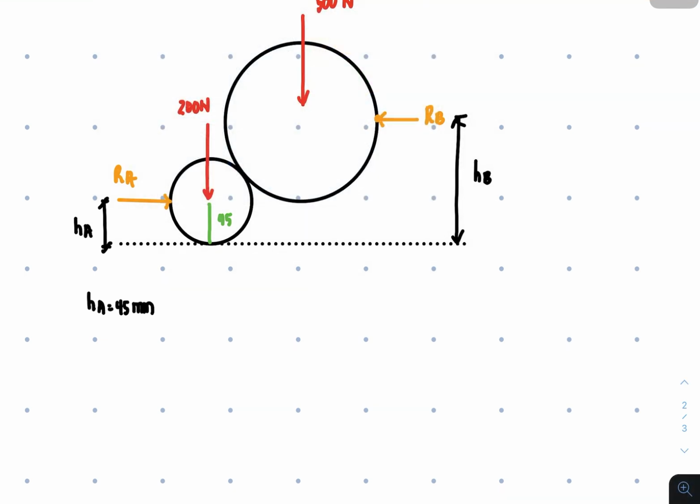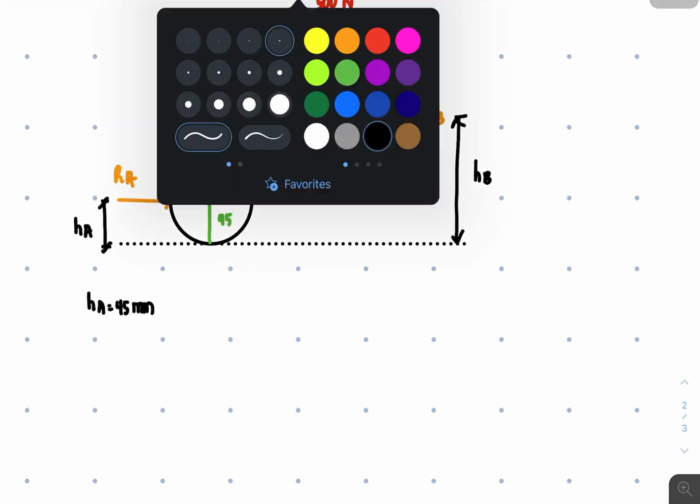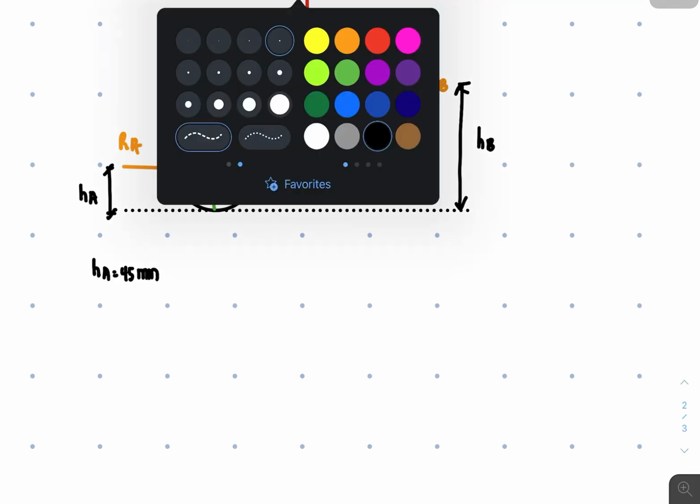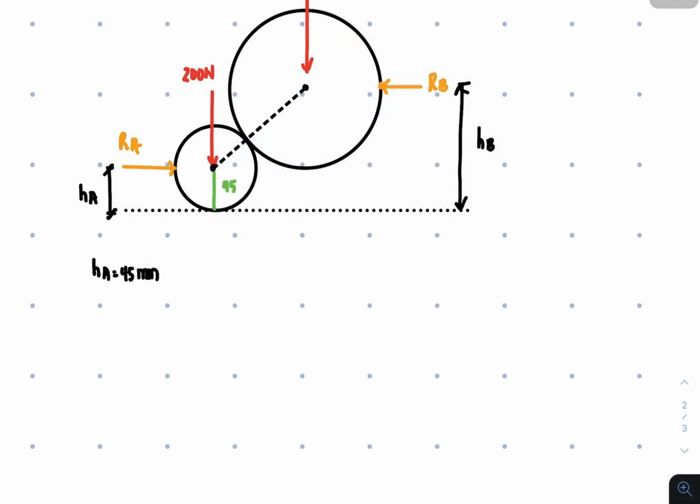So this is the center of sphere B, and this is the center of sphere A. If we connect a line that passes through A and B's center, and then we also create a line that moves down and this one here moves to the right, we could create a triangle.